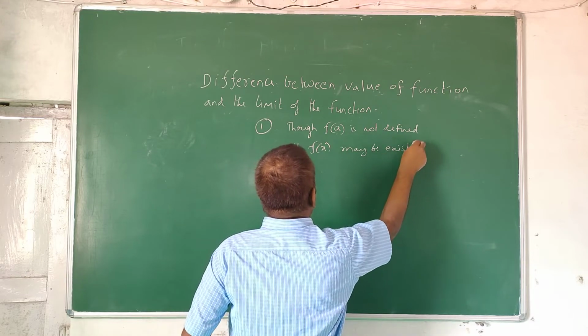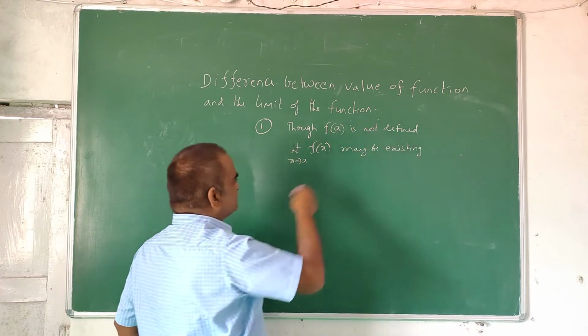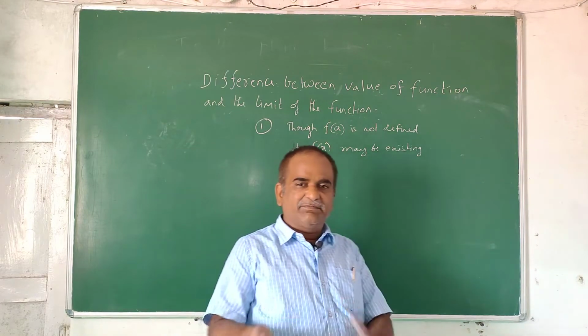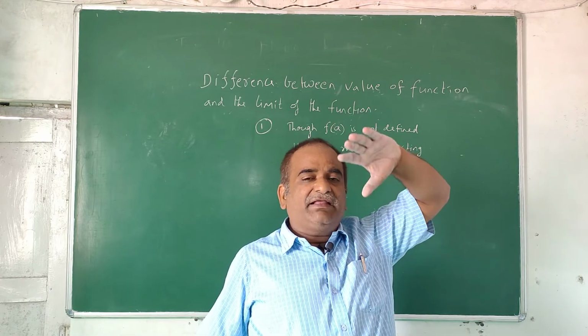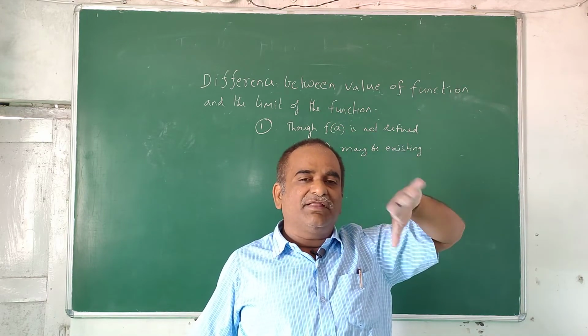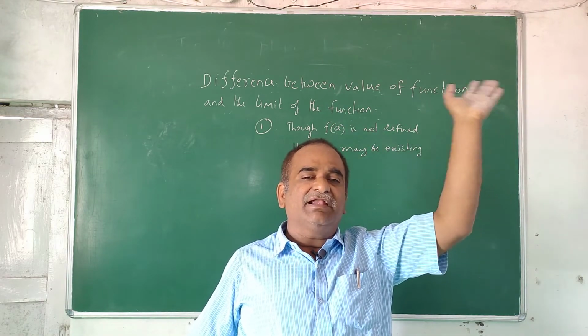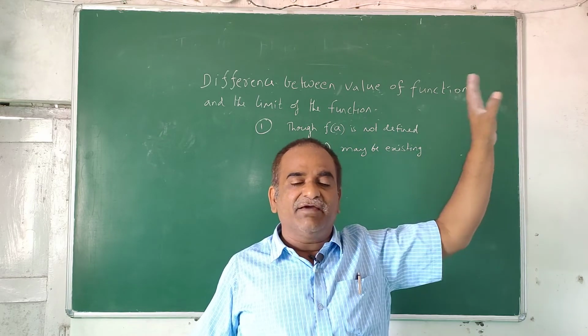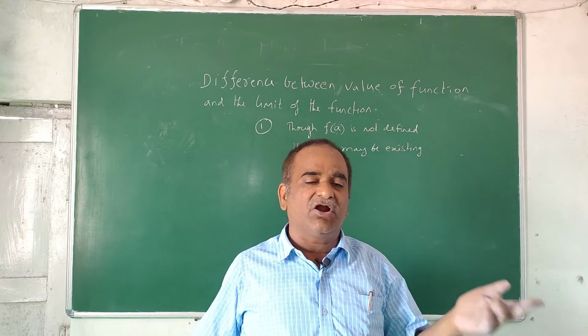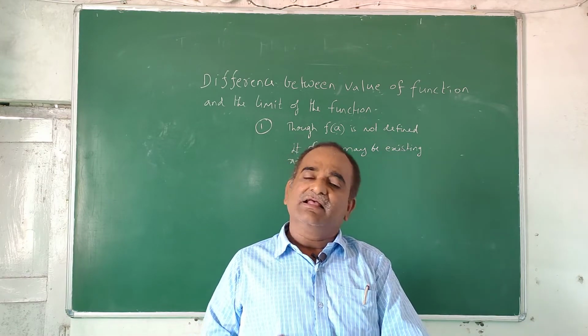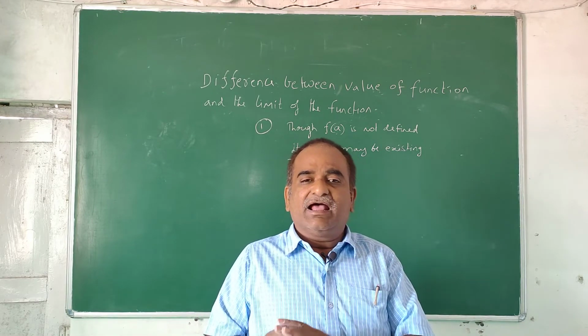Simply, in a simple way, I express the meaning of the entire explanation which I did previously. At a particular point, if a function is not defined, it doesn't mean that at the same point the limit never exists. There is no such condition. Though a function is not defined at a point, you may get the limit.